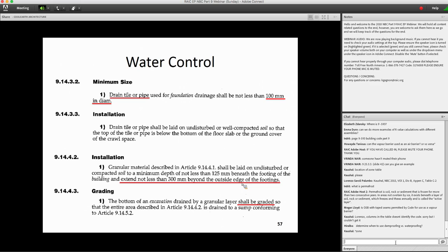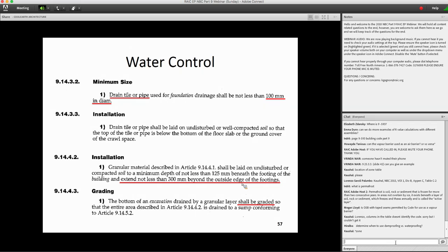That's because you want all the water to drain out from the footing of that building. And it has to extend also 300 millimeters beyond to the side. What you want is to guarantee that that area with granular material will properly drain any water that might come up.